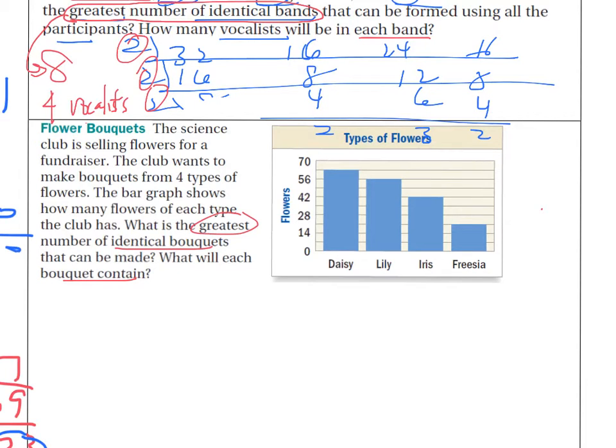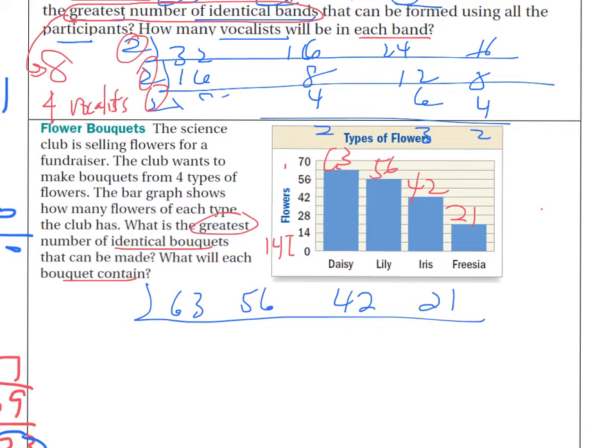Okay, we have 14 as the interval. Okay, so here 56 plus 7 would give me 63. And here we have 56. Here we have 42. And here we have 21. And then we need to find the GCF between all 4 numbers. 63, 56, 42, 21.